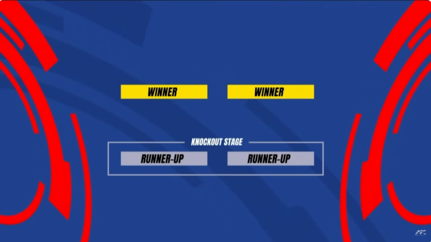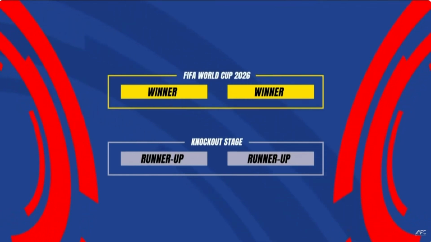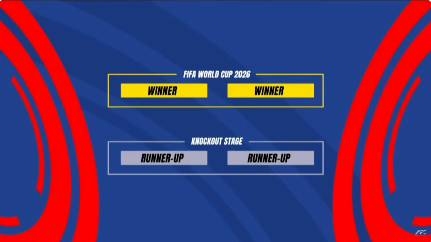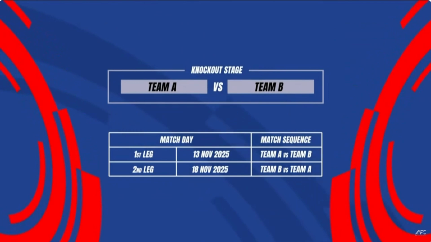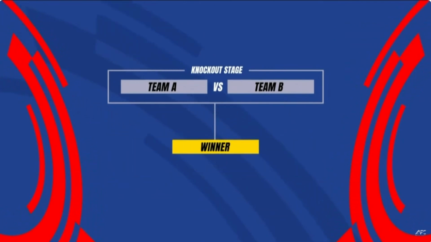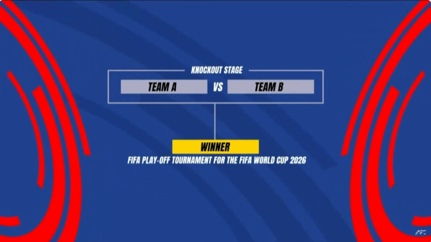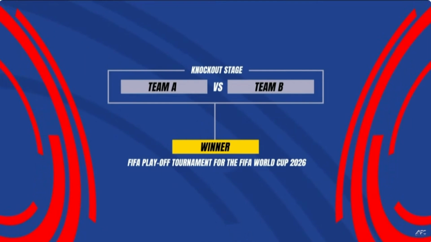For the avoidance of doubt, the winners of each group shall directly qualify for the FIFA World Cup 2026. The knockout stage shall consist of 1 round to be played in a home and away knockout format. The winner of the knockout stage shall qualify for the FIFA playoff tournament for the FIFA World Cup 2026.